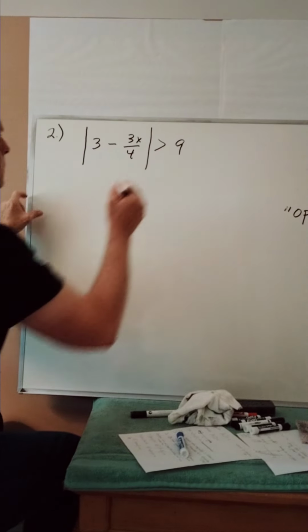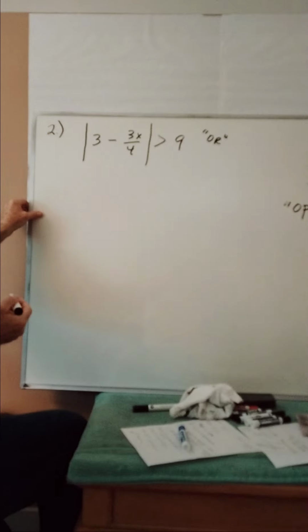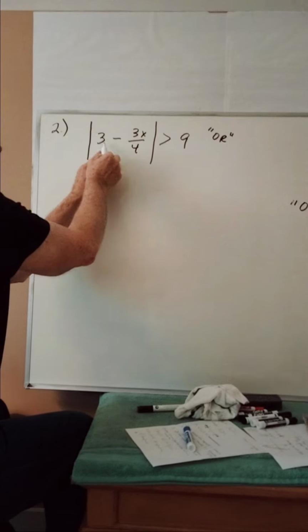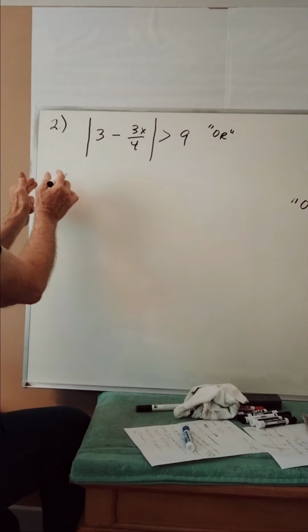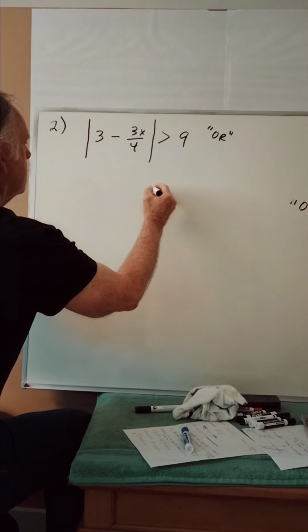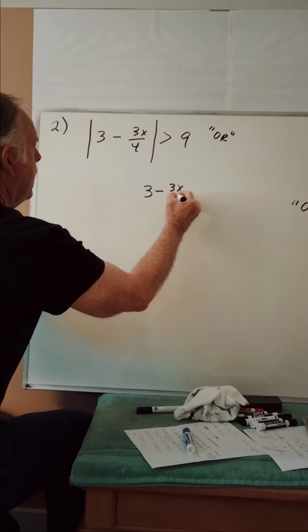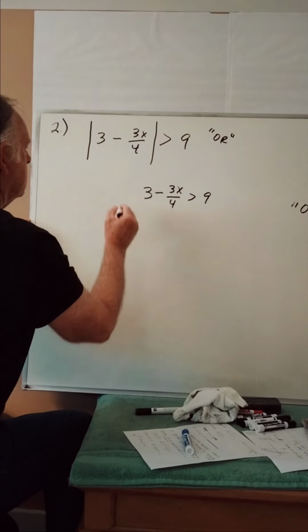Greater than. I'm going to write this statement first, kind of to the right. I could put it to the left, but I'm going to stay consistent. 3 minus 3x over 4 is greater than 9.